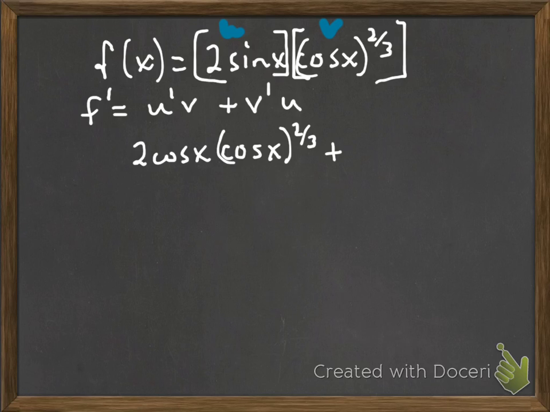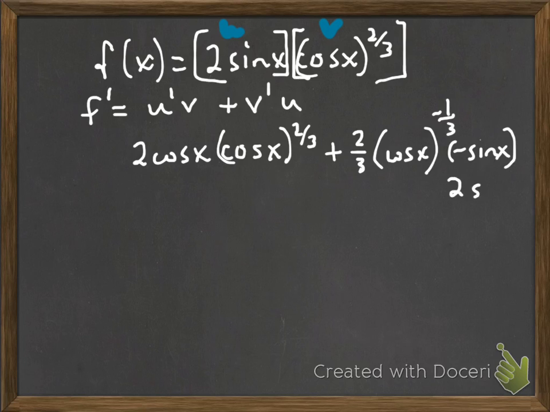plus the derivative of the second, which is 2/3 cosine x to the 2/3 minus 3/3, which is negative 1/3, times the derivative of the inside, which is negative sine x. That's the derivative of v, but I still got to multiply that by 2 sine x. So cleaning it up, cosine of x to the first times cosine of x to the 2/3. This is 3/3 plus 2/3.